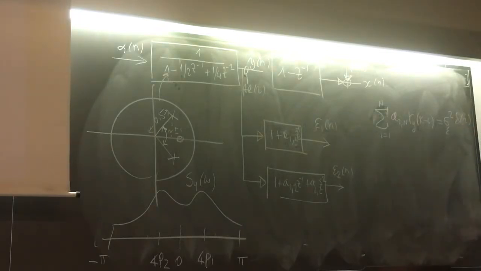This is the revisited Yule-Walker equation for the case of linear prediction.